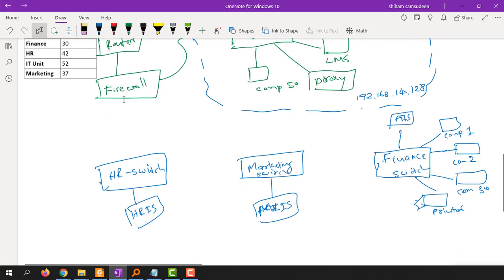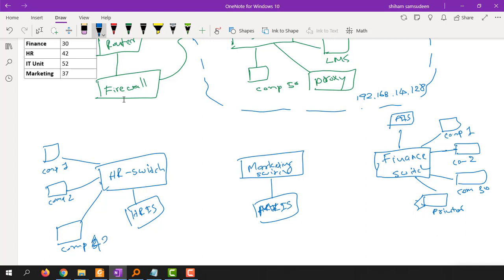HR has 42 computers. So this is comp 1, this is comp 2, and let's say this is comp 3.